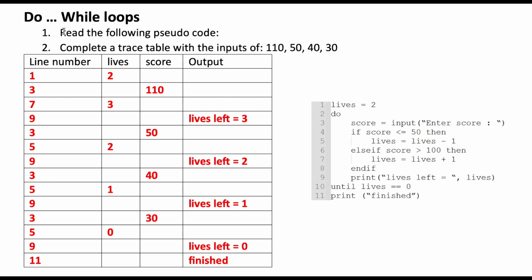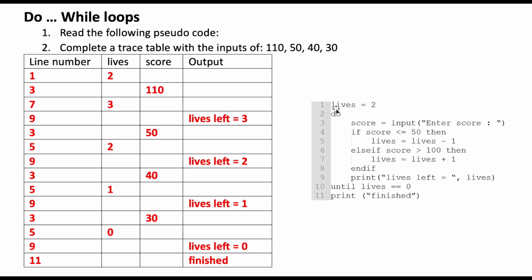So the exam question asks us to read the following pseudocode and complete a trace table with the following inputs. What we're going to do is we've already pre-populated our trace table with the answer and we're going to talk through it. Now remember that trace table line entries should be where a variable has changed its contents or we have an output.